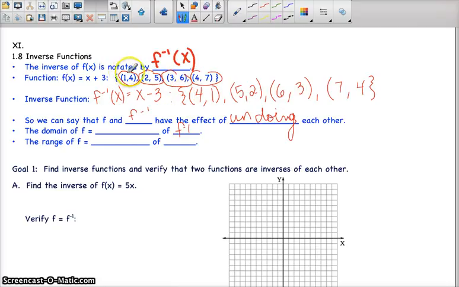Did you notice that the domain of f is equal to the range of f inverse? And then let's look at the range of f. 4, 5, 6, 7. Did you notice that the range of f is equal to the domain of f inverse?